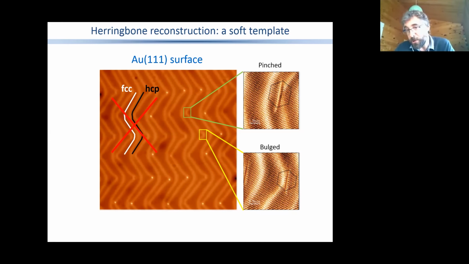And that's our trick. Because it happens that the network that these kinks are forming is linear. So if you manage to get molecules that are guided by these kinks, then you might be able to grow something that is linear and use this pattern to guide the self-assembly.